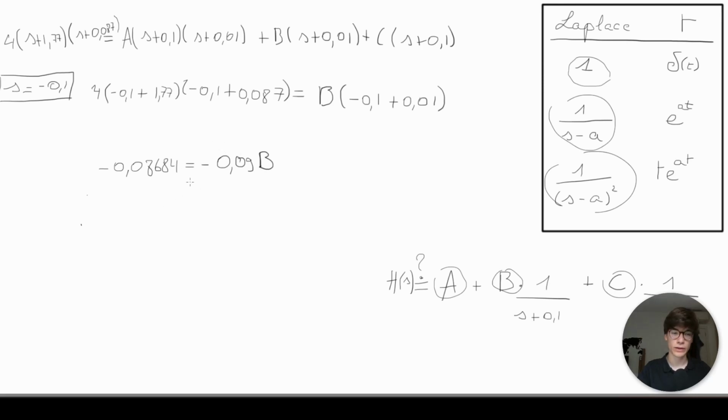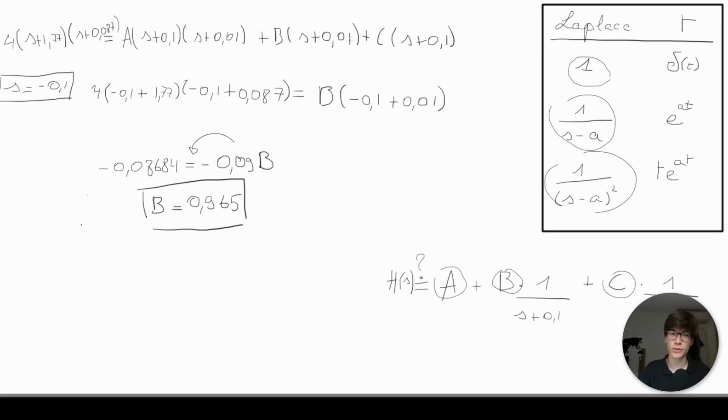So when we rearrange it, we write this to that side and divide by it. b will equal 0.965, about that. So that's b.